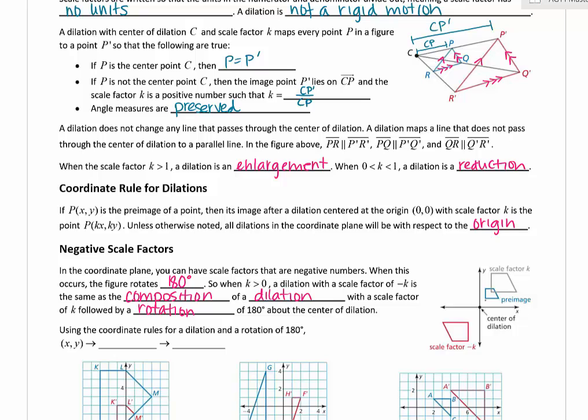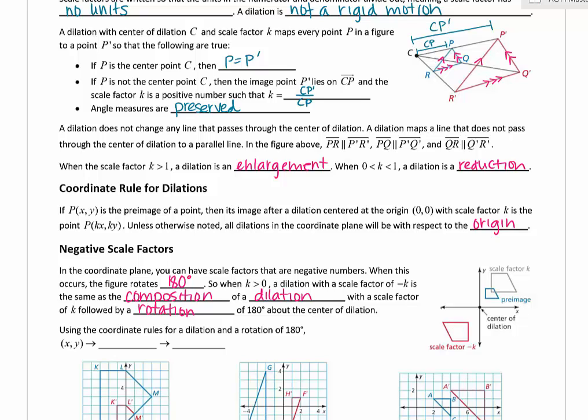We're starting with this blue pre-image. We use the scale factor of K to enlarge it or reduce it, depending, and then we rotate it 180 degrees. So it's down here now. Notice that it's reflected over as well, and it could have been translated instead of having that rotation.